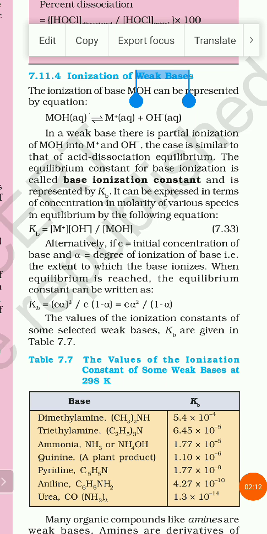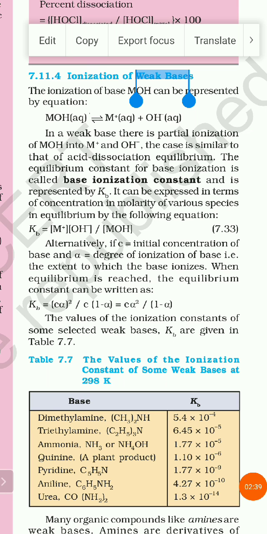For example, sodium hydroxide, a strong base, dissociates into Na plus and OH minus. Likewise HCl, hydrochloric acid, gives H plus and Cl minus. That means the acid is completely dissociating, and that is ionization.